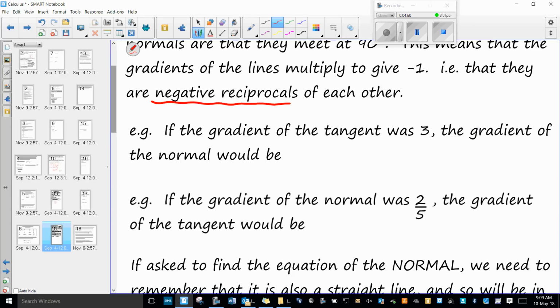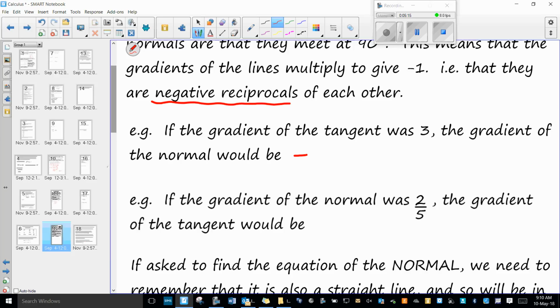So if the gradient of the tangent was 3, the gradient of the normal, do we remember what a reciprocal is? It's kind of 1 over. It's essentially the inverse. It's upside down. Okay? But notice it's negative reciprocal. So if our gradient was 3, it would be negative 1 over 3.